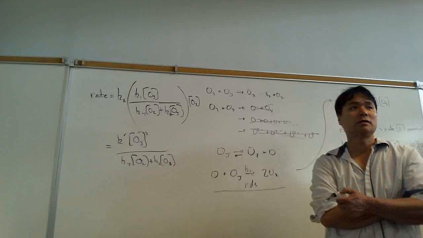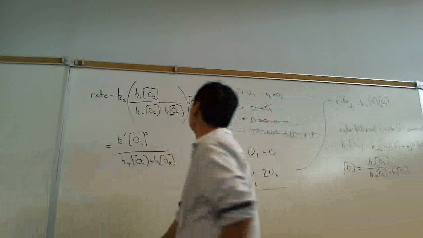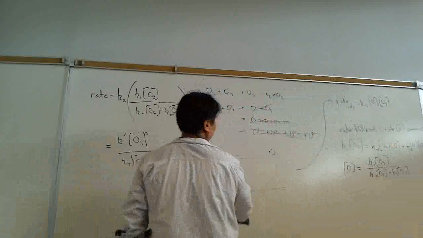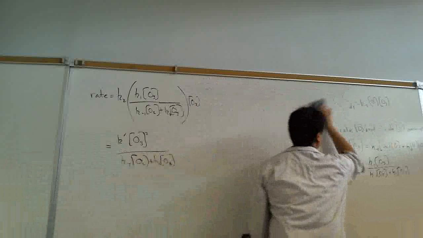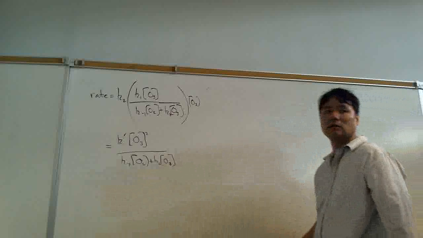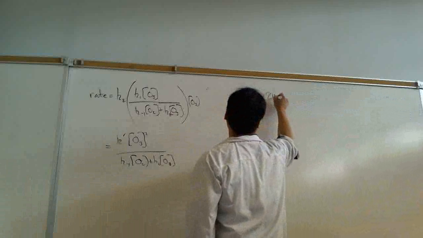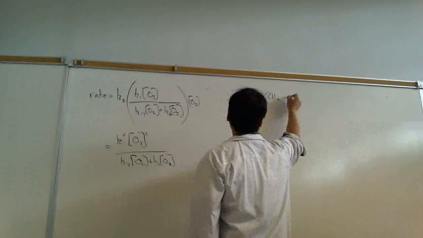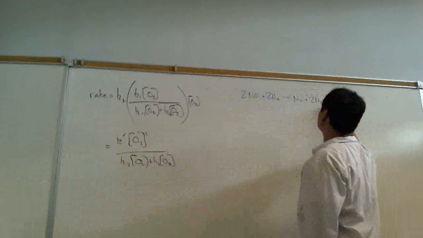All right, other questions? Can you read number 67? By mechanism, the reaction leaves 2 NO plus 2 hydrogen, the product N2 plus 2 water.